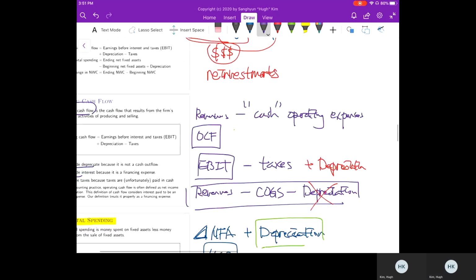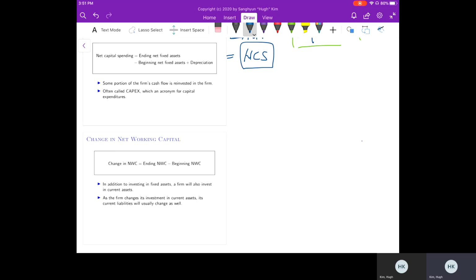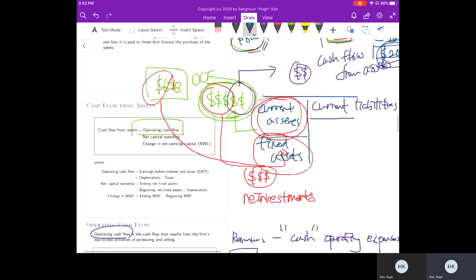So investment in current assets is the change in current assets, adjusted for the change in current liabilities, which is equal to the change in net working capital. So that's reinvestment in current assets, or equivalently net working capital. Okay, let's see our example and see how this works.